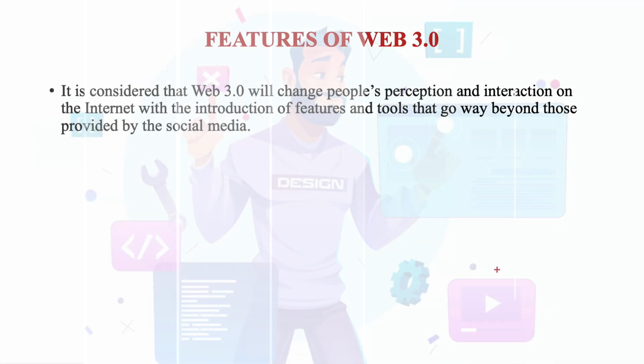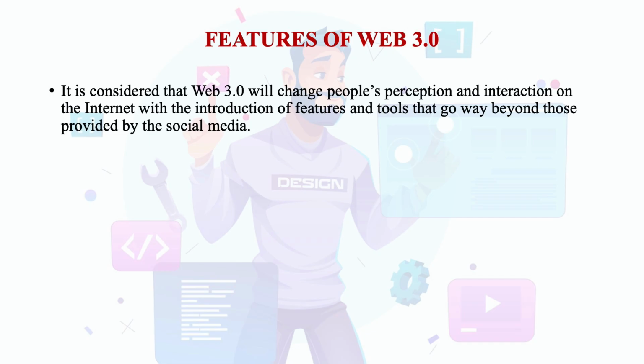So it is considered that Web 3.0 will change people's perception and interaction on the internet with the introduction of features and tools that go way beyond those provided by social media. So let us see what the features are.